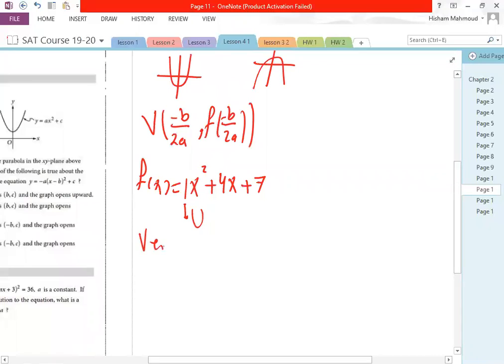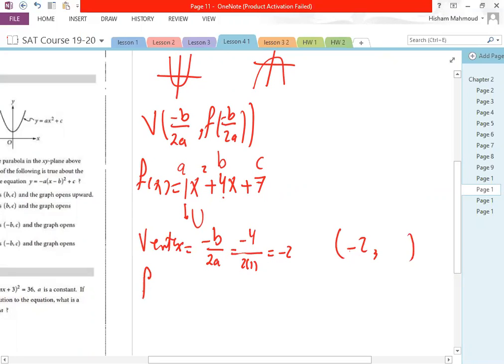What if I want to find the vertex? I should know that a is equal to 1, b is equal to 4, and c is equal to 7. First I will find negative b over 2a, which is negative 4 over 2 times 1, which is negative 2. So the first coordinate of the vertex is negative 2.